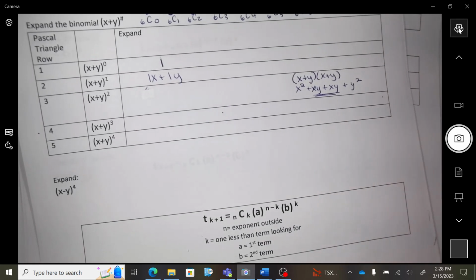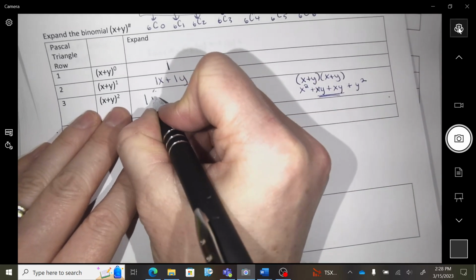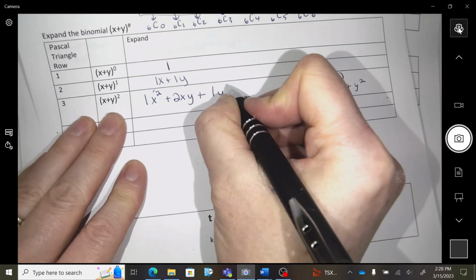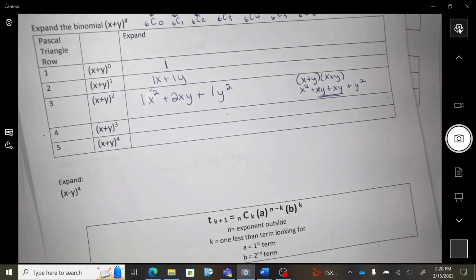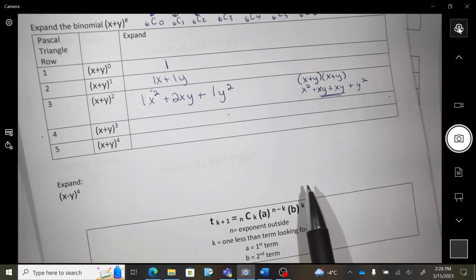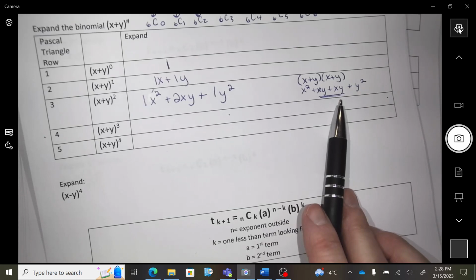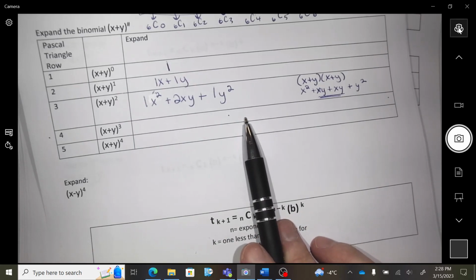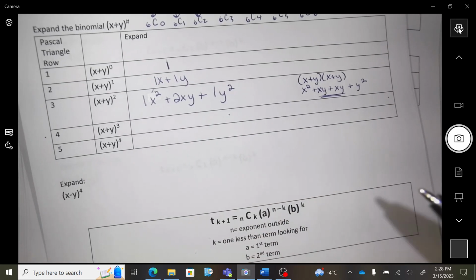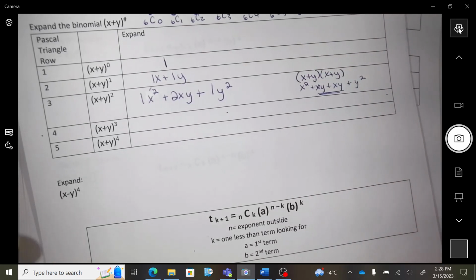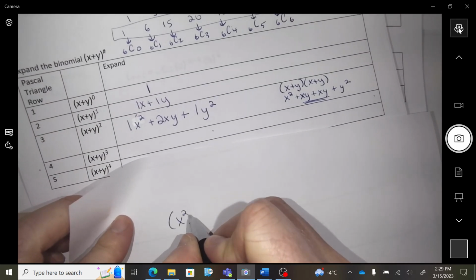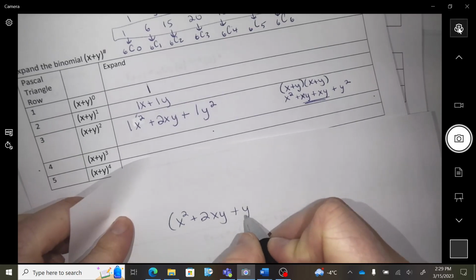And then these are the same. So 1x squared plus 2xy plus 1y squared. The result of that was x squared plus 2xy plus y squared.